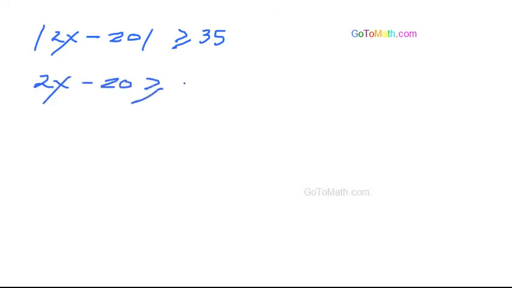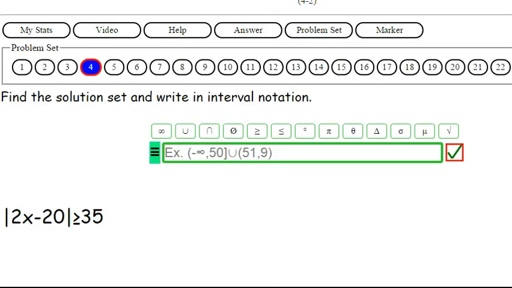2x minus 20 is greater than or equal to 35. And then we'll do that again over here: 2x minus 20 is less than or equal to negative 35. Got that? Let's make sure we wrote everything down.